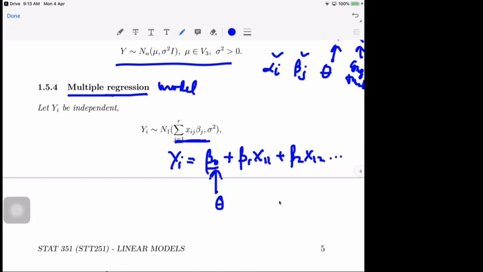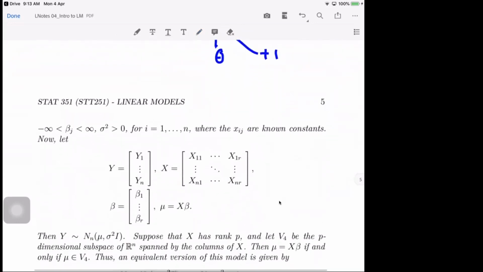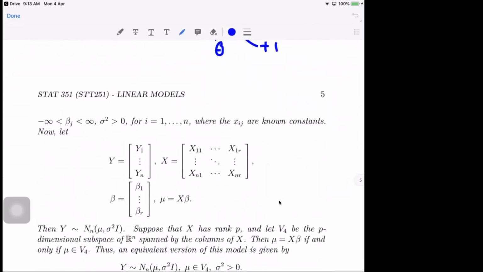So here, if you look at the dimension there, you have to add +1 to take care of the intercept or the beta null. So you will have something like this.